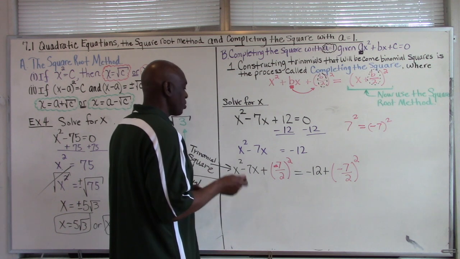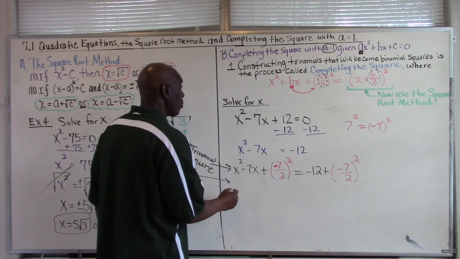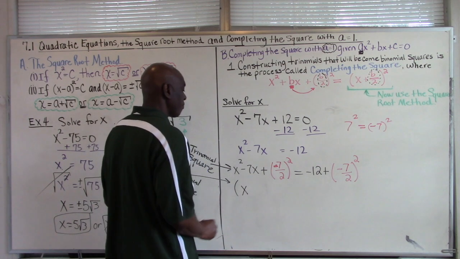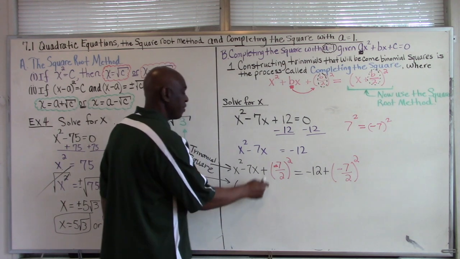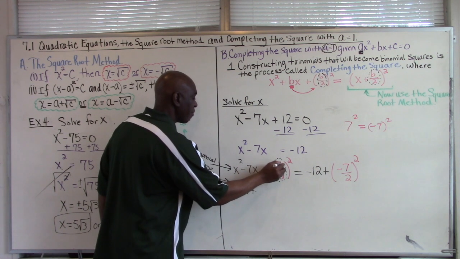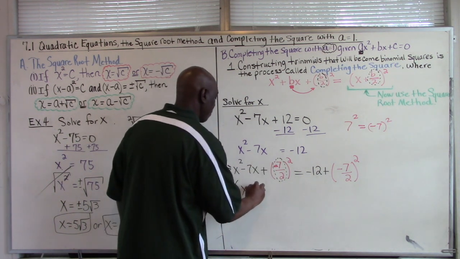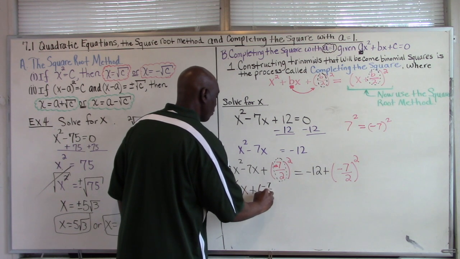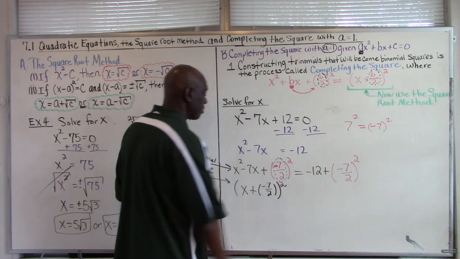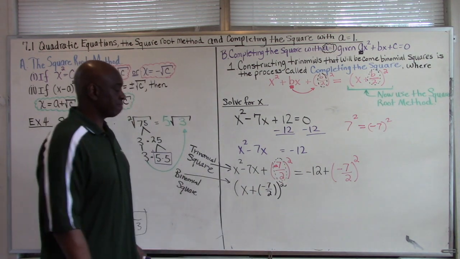All right? So here's what we're going to have. We're going to have x plus this part right here, negative 7 over 2, and this whole thing is squared. All right.